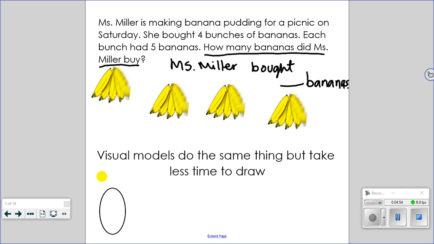Where's 1 bunch of bananas? How many bananas come in a bunch?